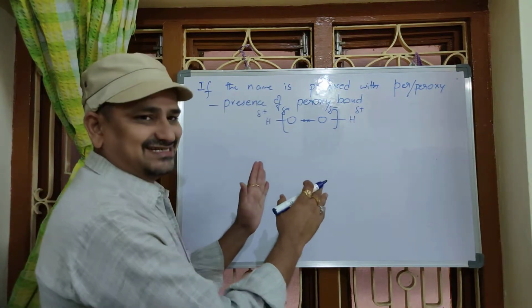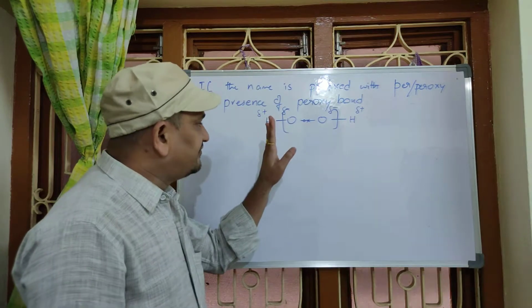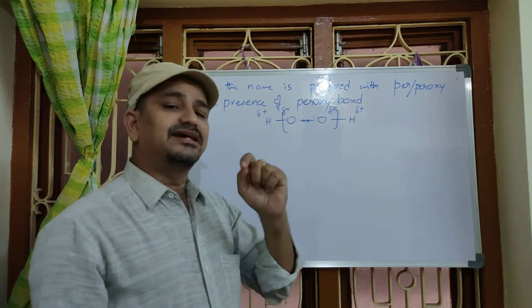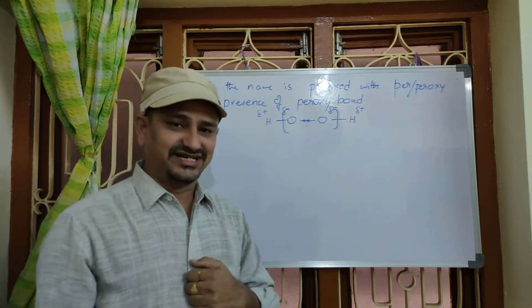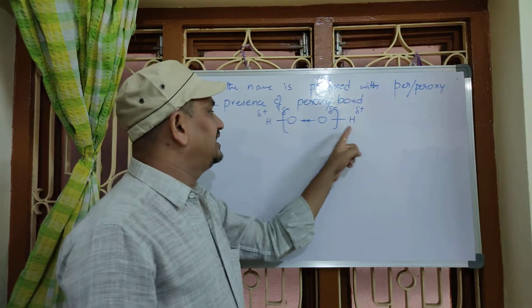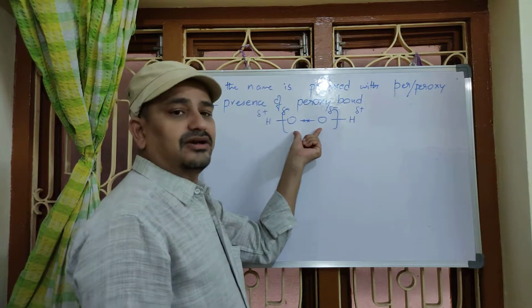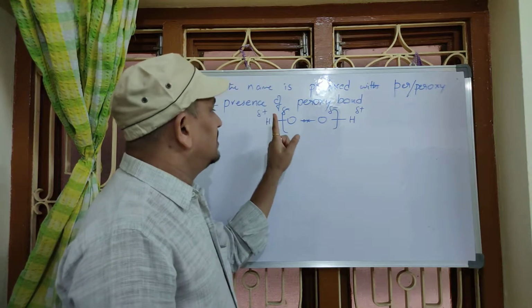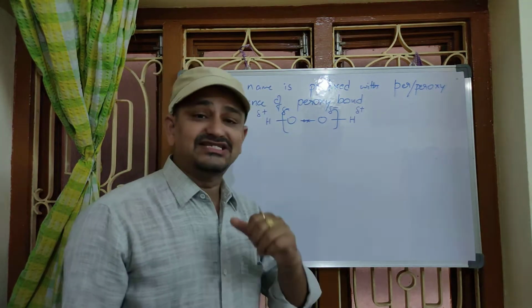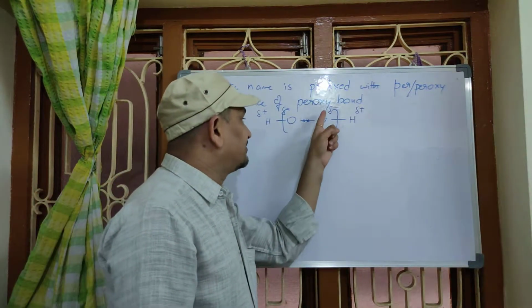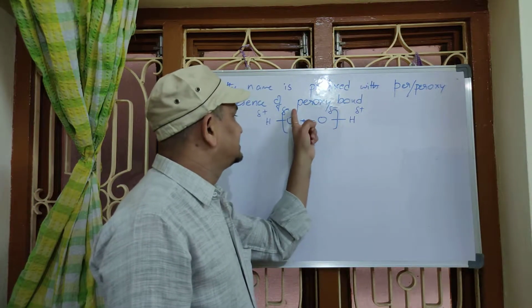Because of this particular reason, in peroxides, each oxygen is -1. This is what I had given yesterday. Because of this polarity of the other bonds and non-polarity of the O single bond O, peroxy oxygens bear -1 each. Is that clear? See, this is -1 and this is -1.